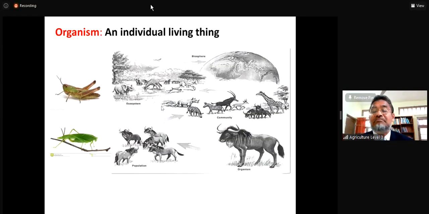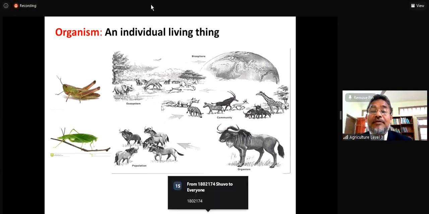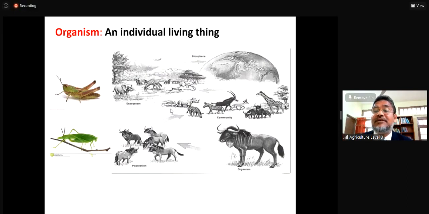It's clear, many organisms you can see in front of you. You can see higher organisms here. In the wildlife you can see giraffe, elephant, zebra, deer, buffaloes.